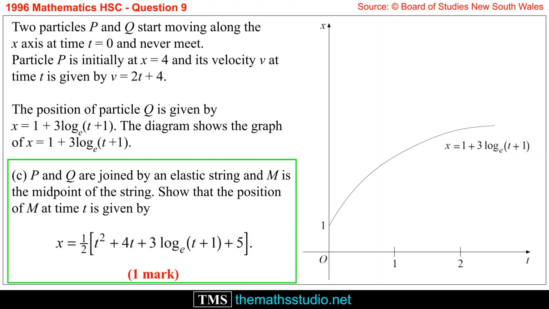Part C. P and Q are joined by an elastic string and M is the midpoint of the string. Show that the position of M at time t is given by x equals 1 over 2 times open bracket t squared plus 4t plus 3 times log base e of t plus 1 plus 5 close bracket.